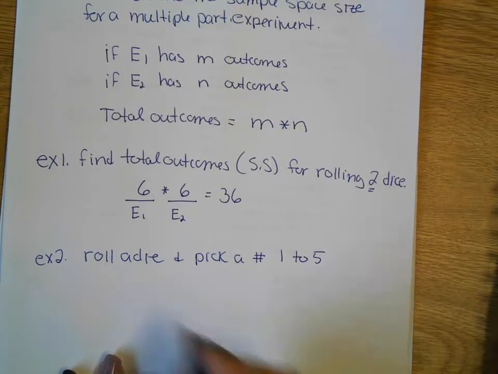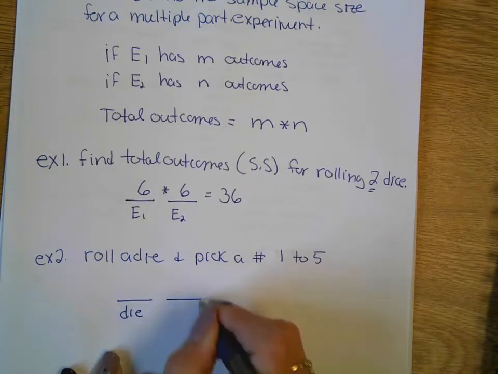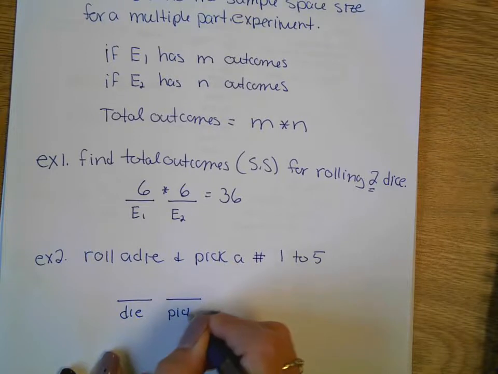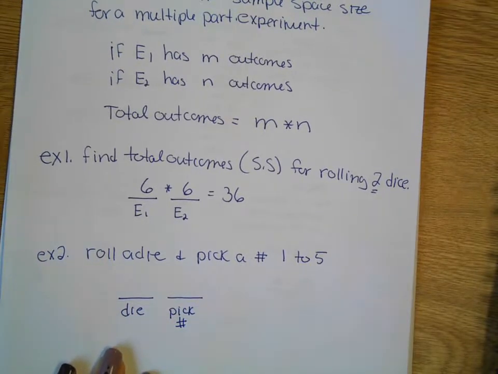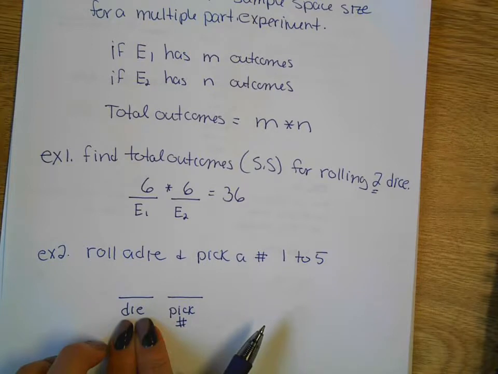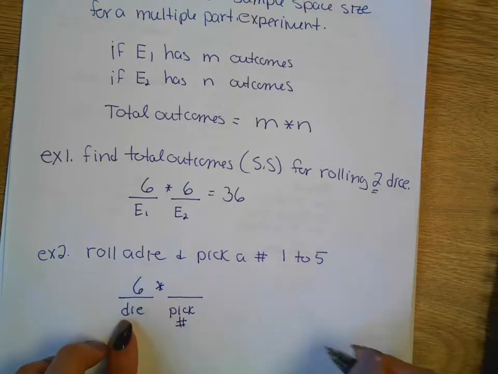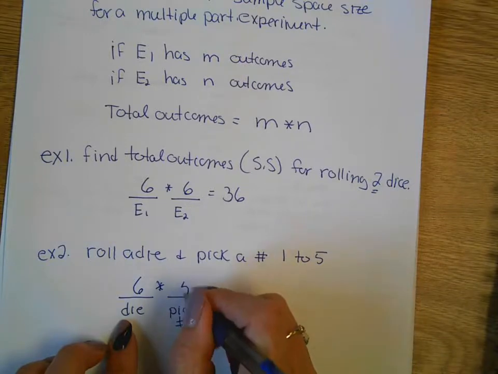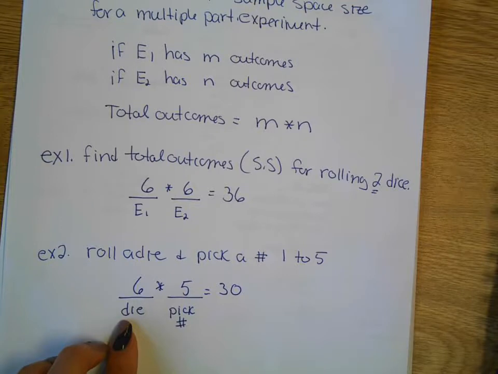So it's still two events: the die and the pick a number. Is it absolutely necessary for me to put these labels down here? No, it's just so you can see where the numbers are coming from. How many options are there on the die? 6. How many for the pick a number? 5. So there would be a total of 30 branches on your tree.